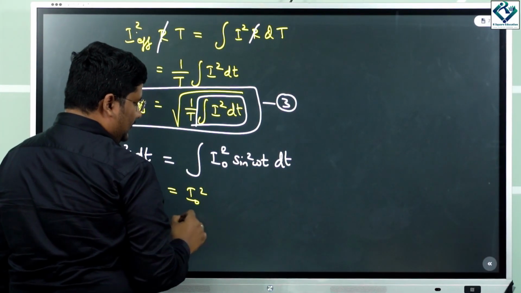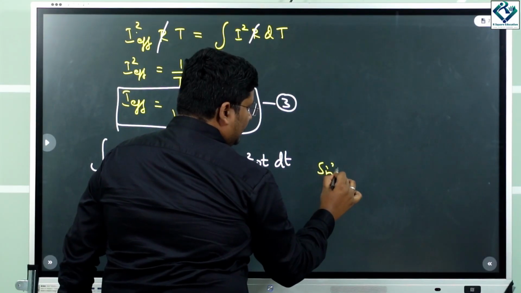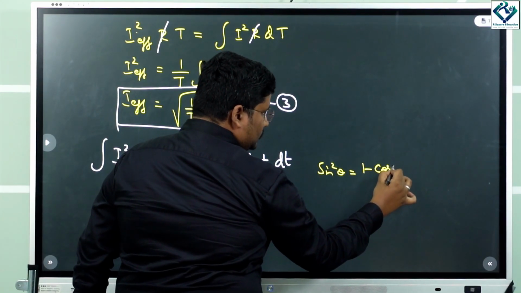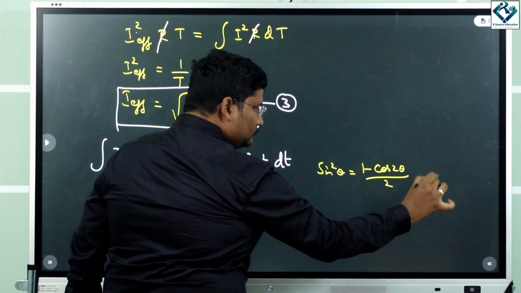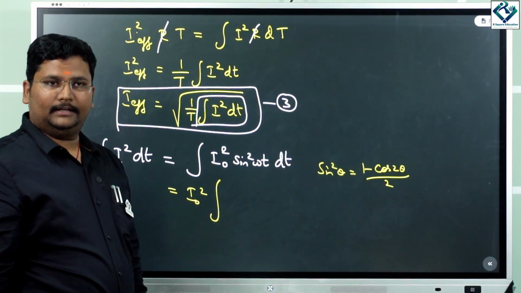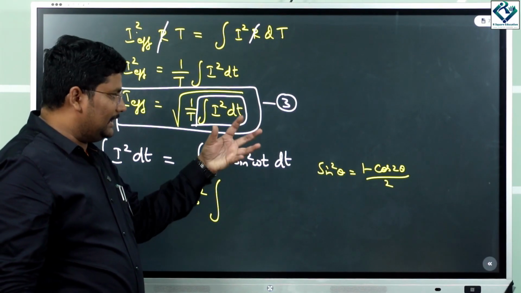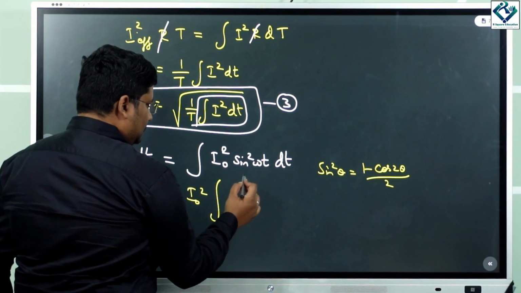Integral sin square omega t: as you would have studied, sin square theta can be written as 1 minus cos 2 theta divided by 2. Can you replace that here? Because we can eliminate the power inside the integral.